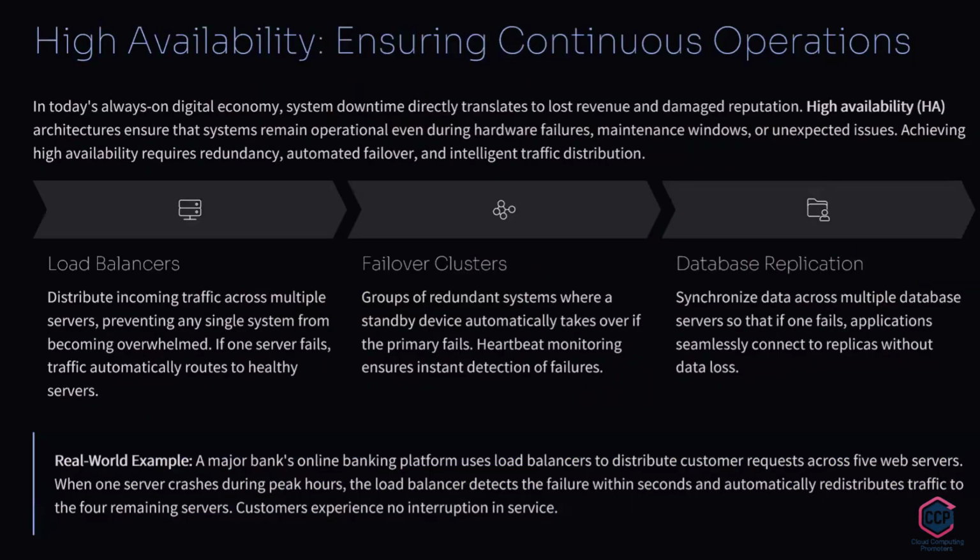And what is high availability? In order to maintain continuous operations, we have high availability, where everything is accessible at the point of need. If you want to access your operational document, whether you are at the office or at home, if you have a meeting at home, you need to have access.